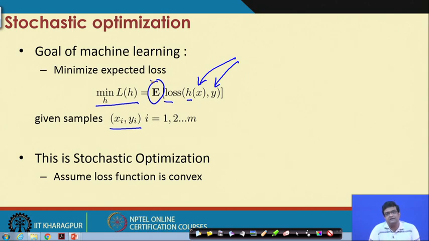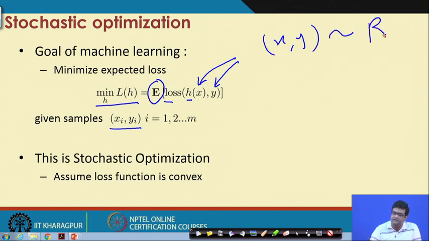What we are saying is that x and y are coming from some probability distribution p, and you want to minimize the expected value of this loss function when x and y are drawn from this distribution.